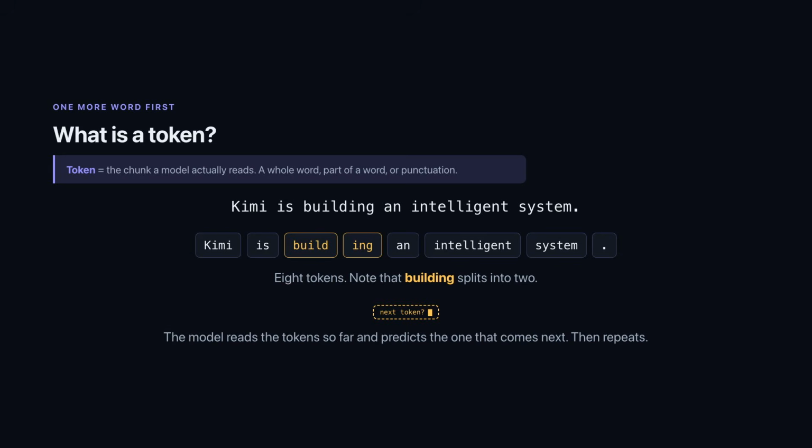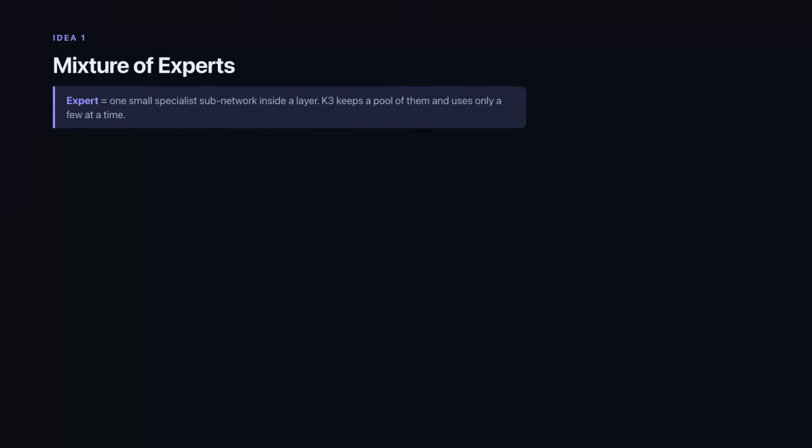Now we can understand K3's first major architectural idea. Kimi K3 uses something called a mixture of experts, or MoE. Imagine a huge organization with hundreds of specialist teams. When a problem arrives, you don't need everyone working on it. You pick the small group that looks most useful.